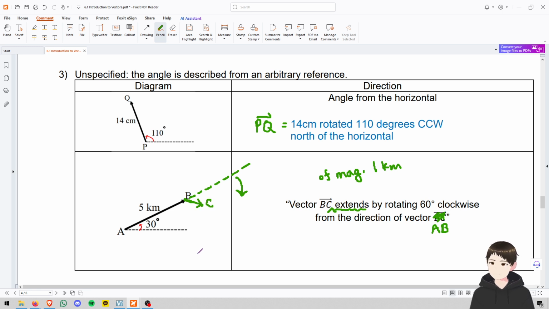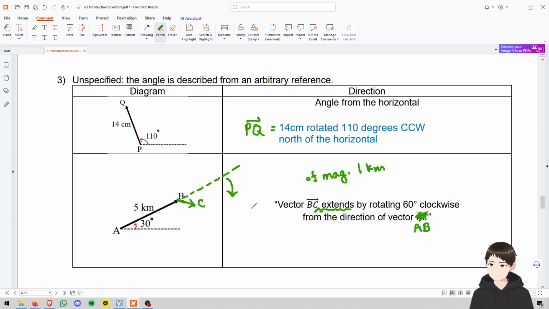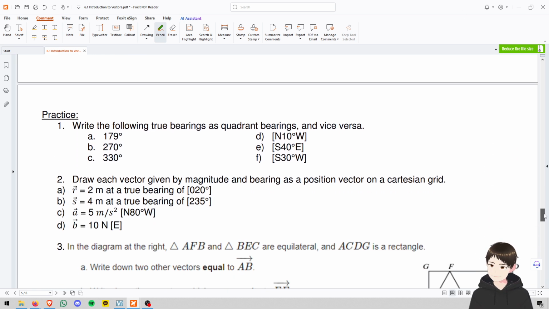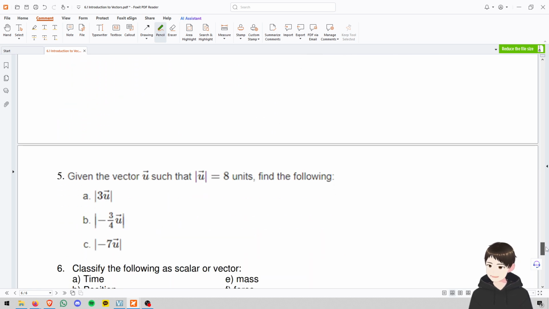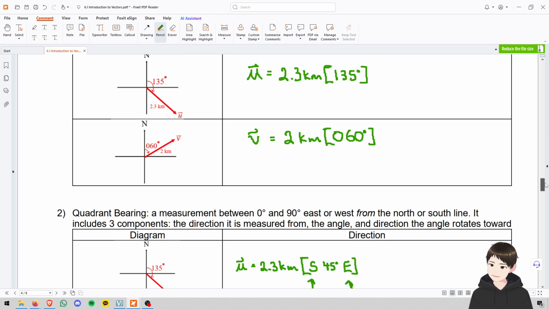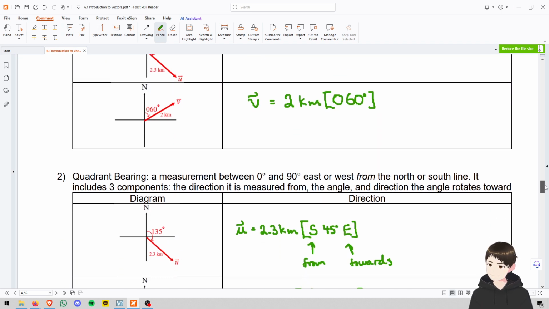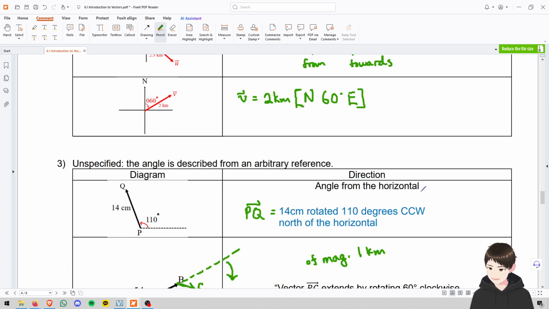Okay, so again, it's not the clearest system, but if I were to write something out like this, you should be able to navigate to a degree. And I think there are some practice questions that do get you to work on that. I forget. I do know for sure, though, that the true bearing and the quadrant bearing are very popular.